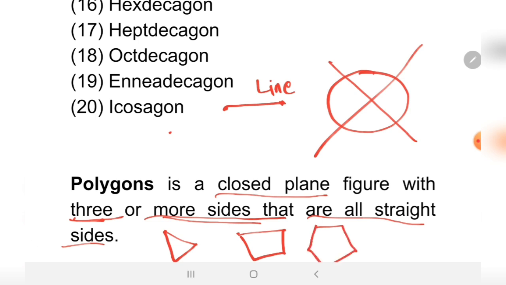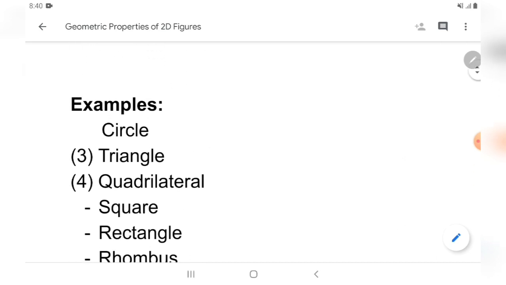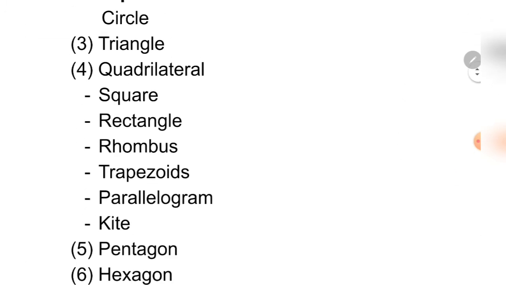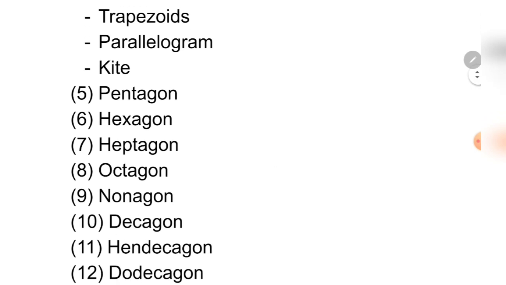quadrilateral, 1, 2, 3, 4, 5. Again, the first polygon is the triangle, next is the quadrilateral, of which we have many kinds: square, rectangle, rhombus, trapezoid, parallelogram, then kite.